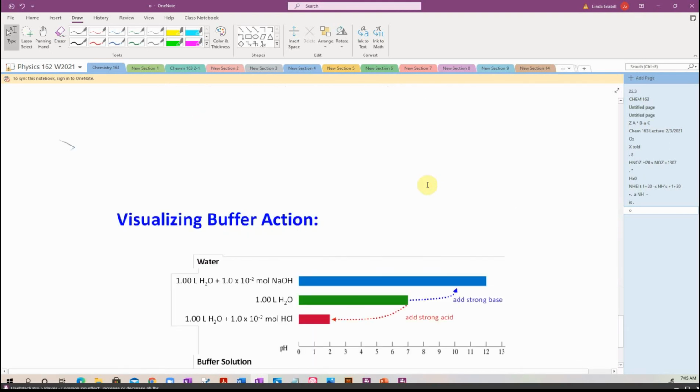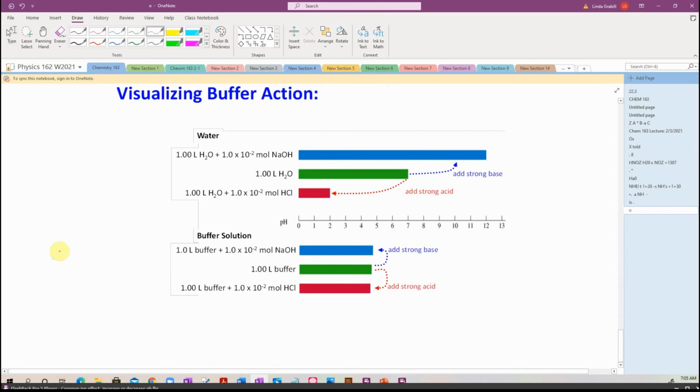So let's see what that looks like. If I added a strong acid or a base, you can see the addition of the strong base. What do I have here? This is a change of 5 with a strong acid, a change of 5 in the pH, and the strong base does the same thing in the opposite direction, a change of 5. If I add a strong acid or a base to a buffer, my change is very small compared to the buffer's pH to begin with.